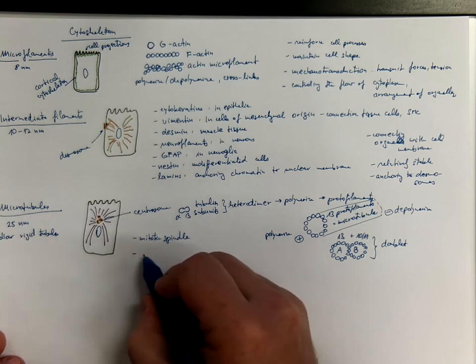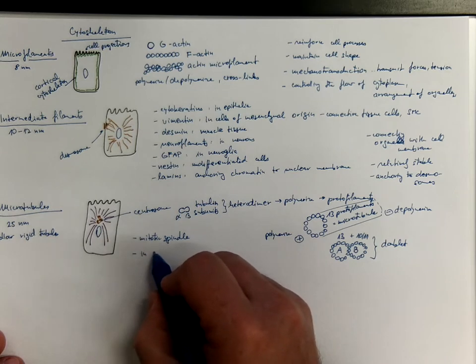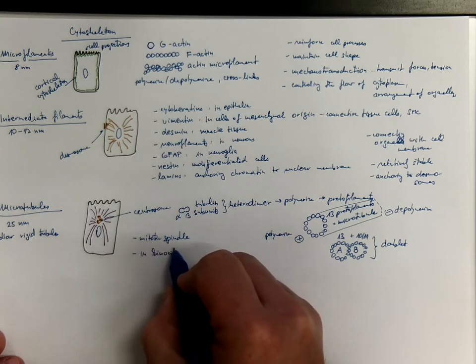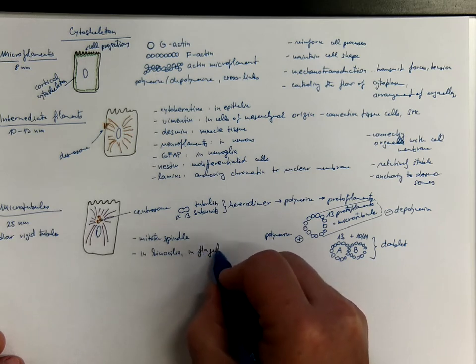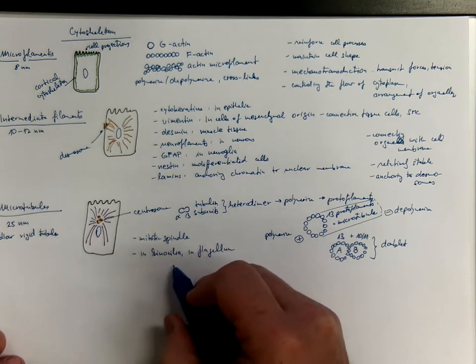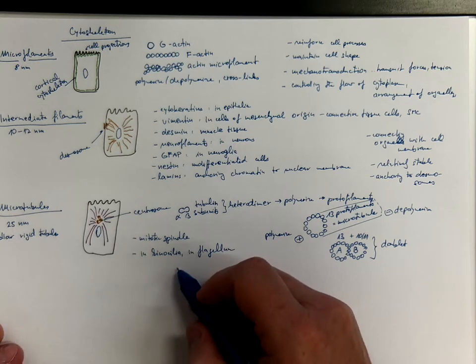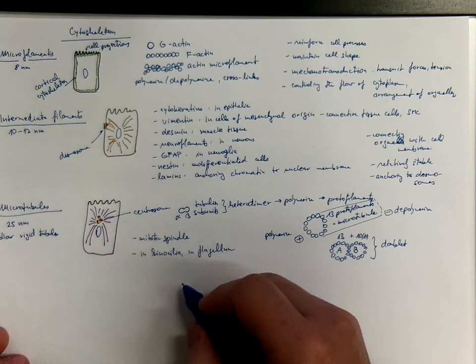they are in the kinocilia or in the flagellum. Kinocilia could be found, for example, in the oviduct or in the epithelium of nasopharynx, nasal cavity, trachea or bronchi.